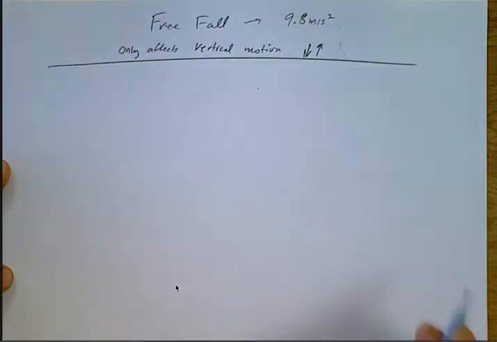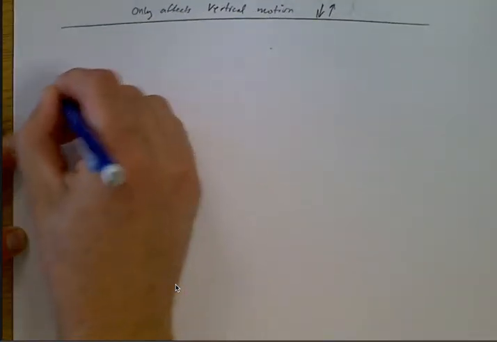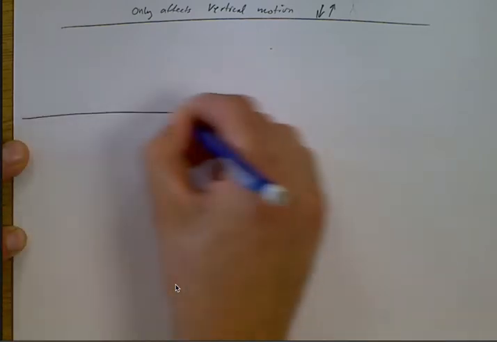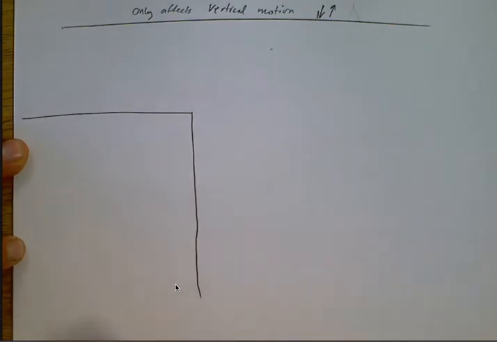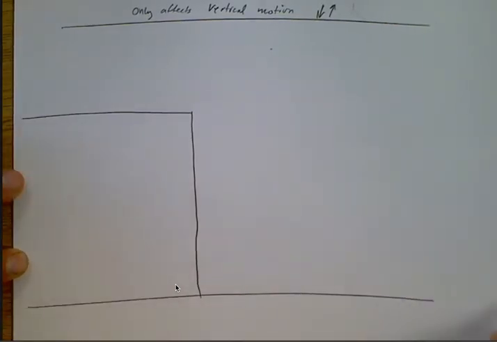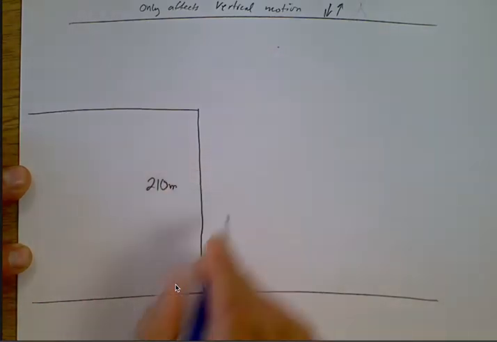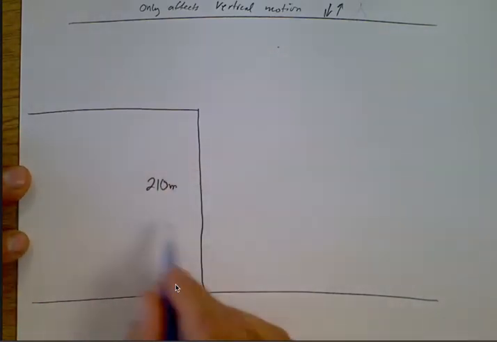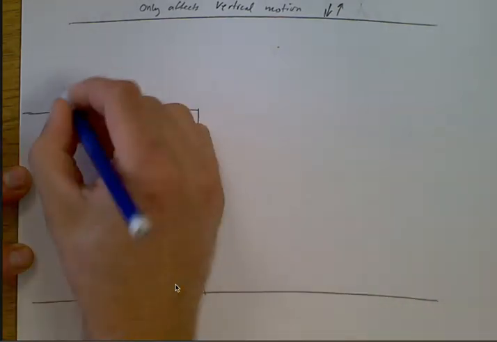All right, so let's check out an example problem here. Let's say that you are the owner of a couple of daredevil hamsters, and you're walking along this 210-foot cliff.